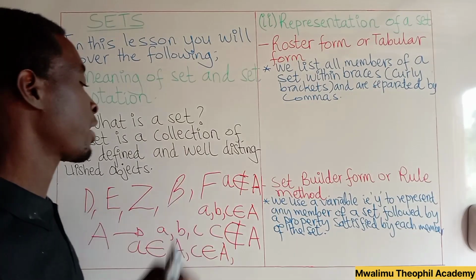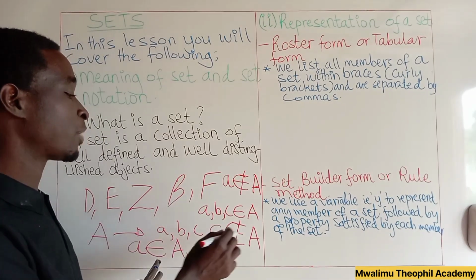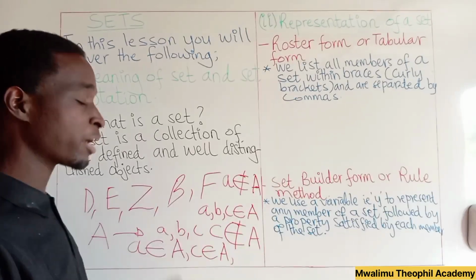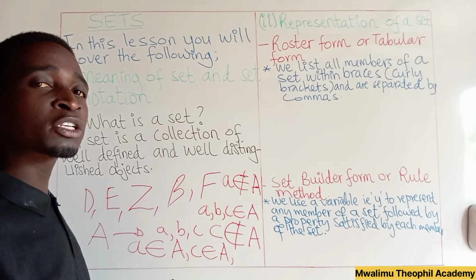So this is the way we write an element in relation to its set if the particular element does not belong to that set.